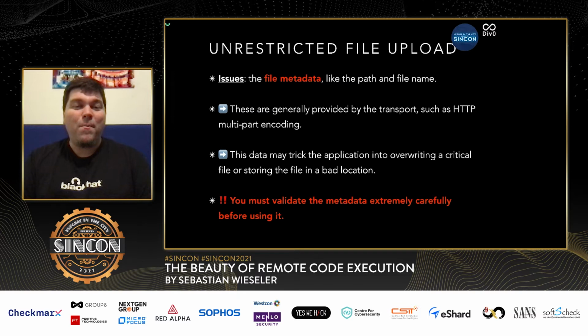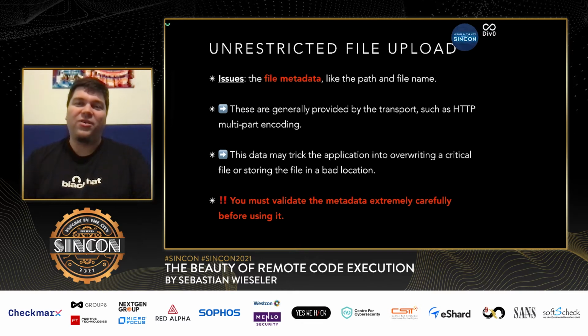And this data may trick the application into overwriting a critical file or storing the file in a bad location, right? Especially when you think about file path traversal attacks, then that's what's going to happen, that I can write files maybe even outside of the web root, right?